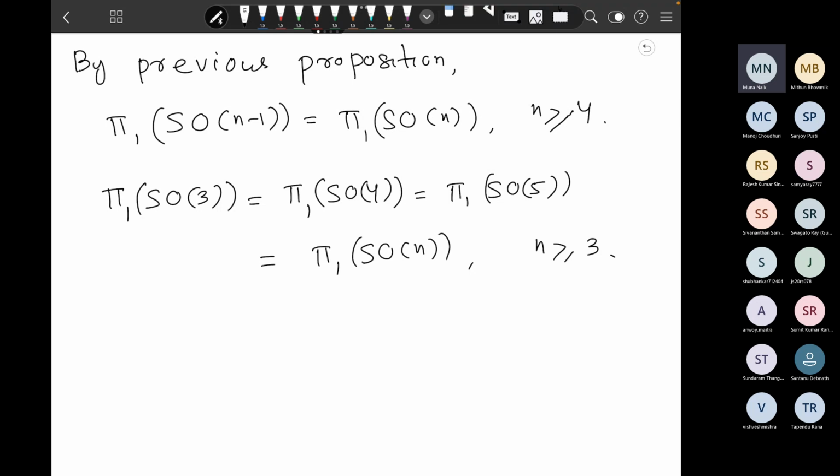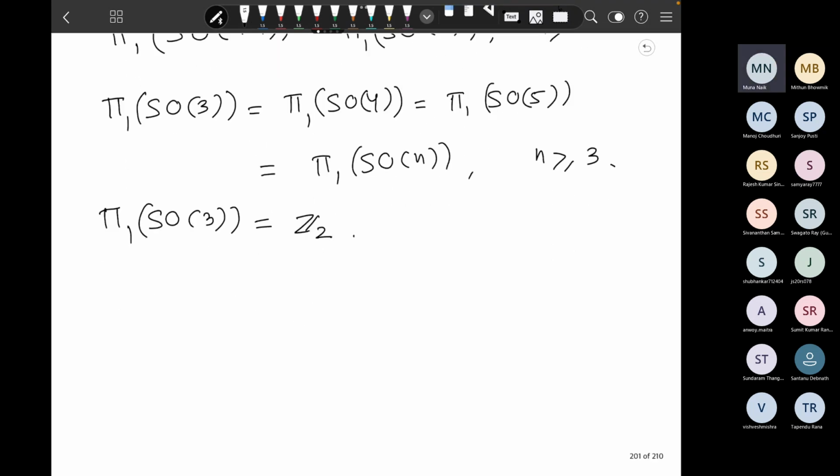Now I know that pi 1 of SO3 is equal to Z2. So that means pi 1 of SOn is equal to Z2 for n greater than or equal to 3.